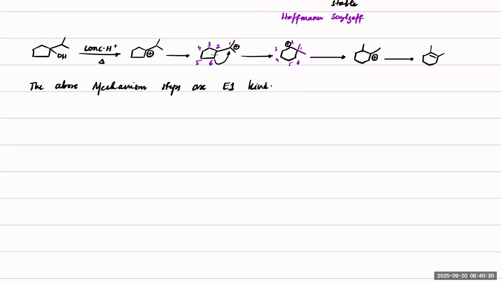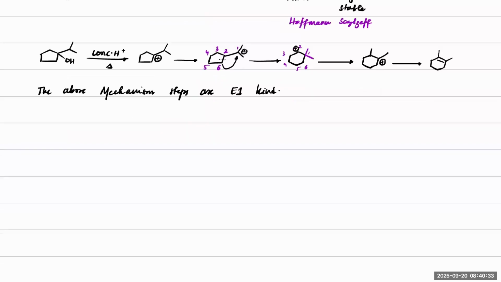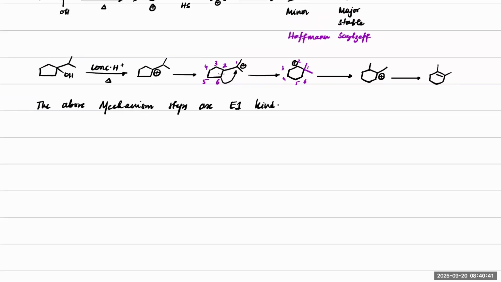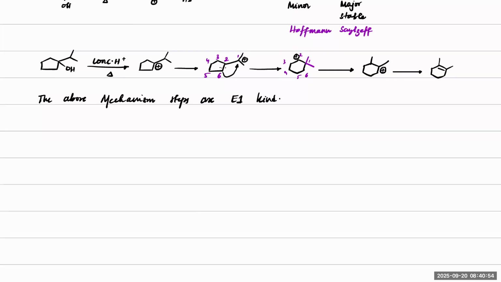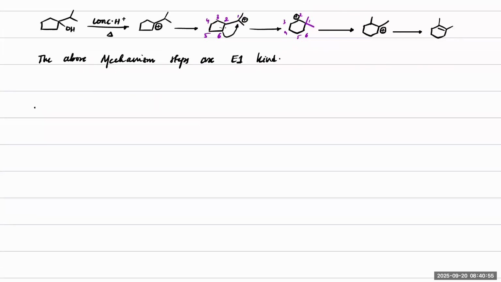Clear, beta? Next, usually for elimination, you always need to check which one is a stronger or weaker base. So whenever we have concentrated H plus, there is a very weak base present here. So weak bases usually prefer the E1 mechanism.